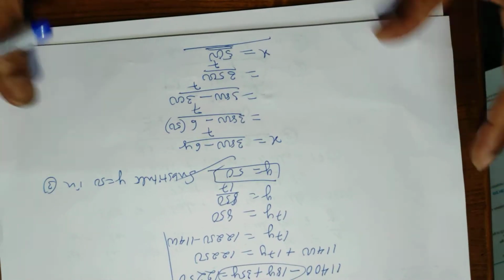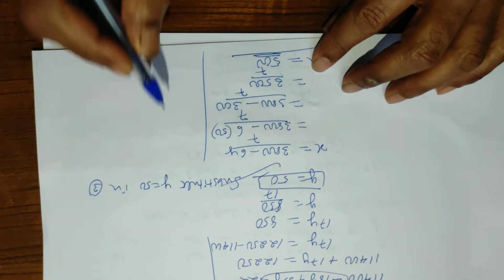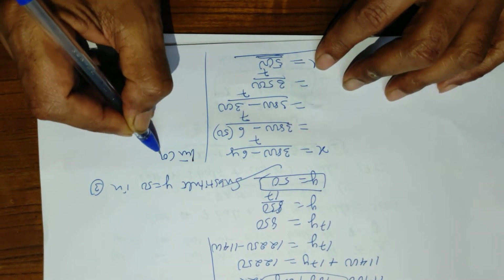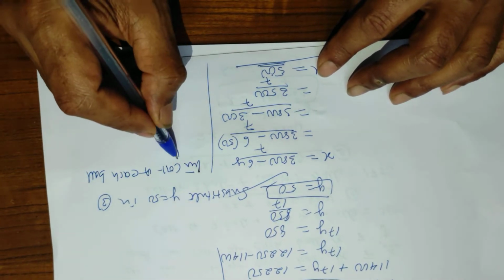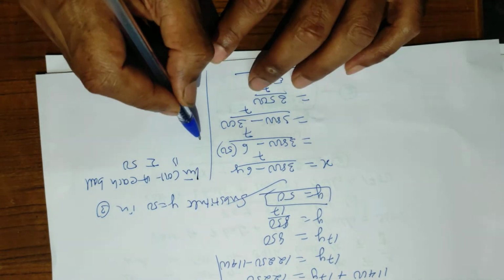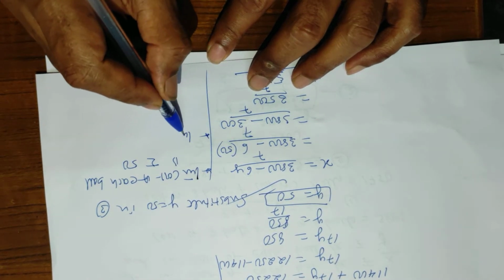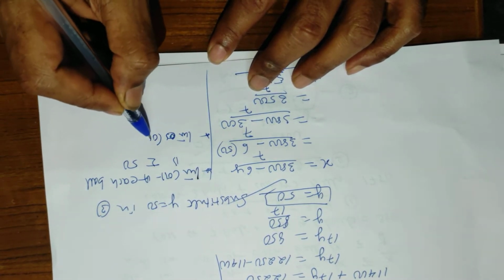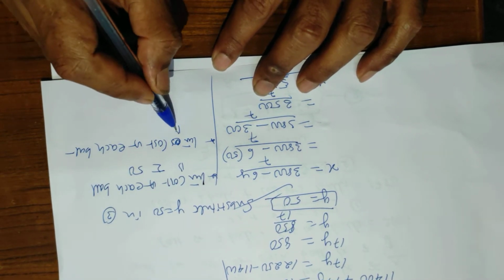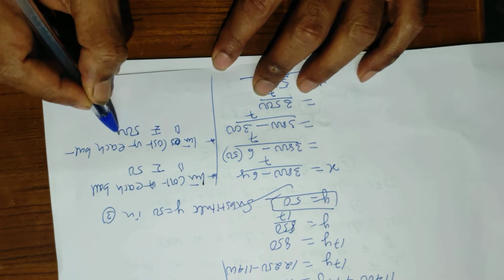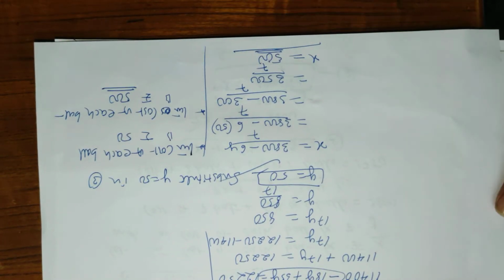So we can write here the cost of each ball is rupees 50, and the cost of each bat is rupees 500.